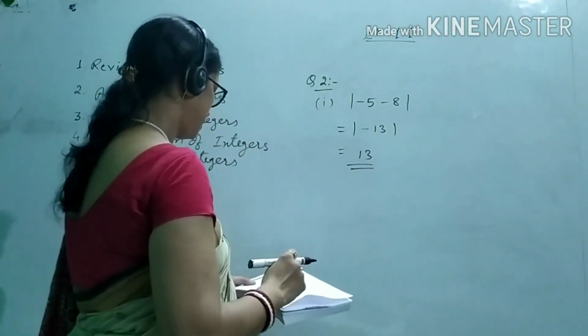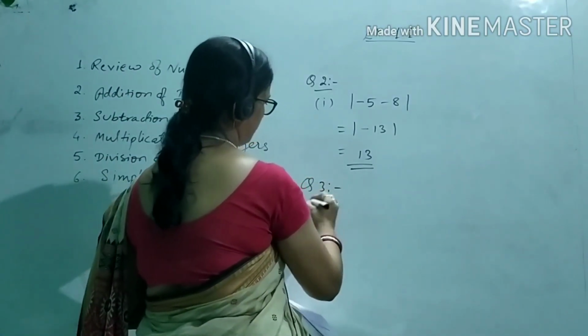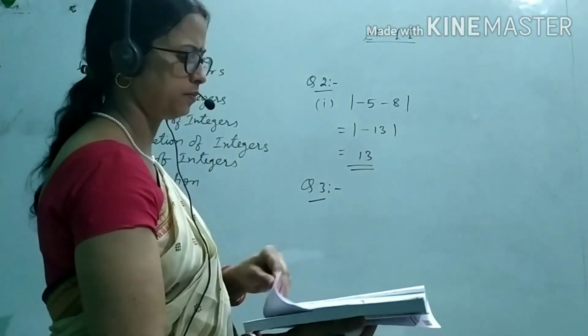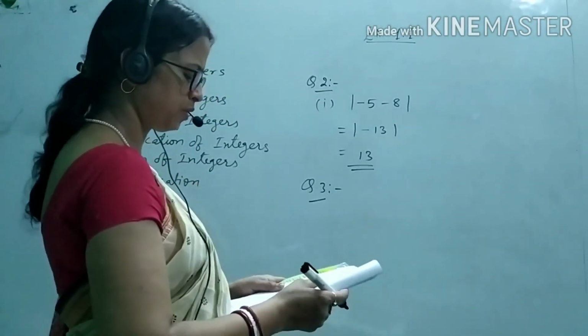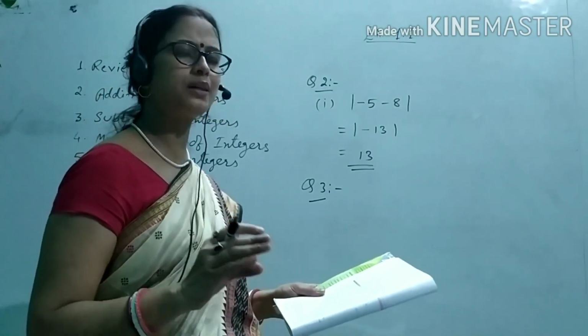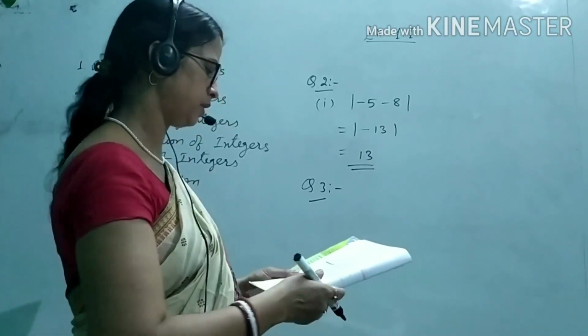Next question. Fill in the blanks. Question number 3. Here children, you have to look whether you have to follow the closure property, commutative property or the associative property.